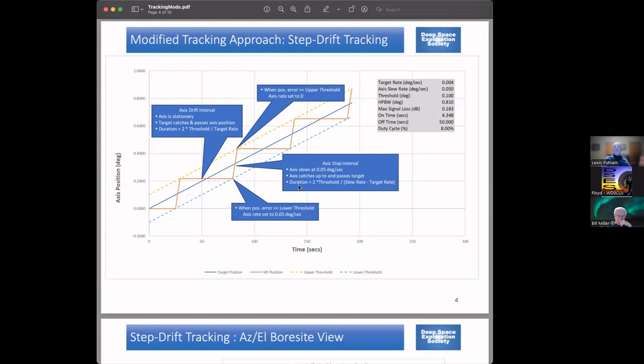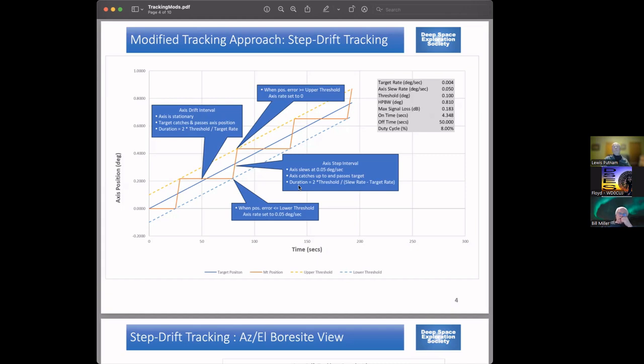In this track, the max signal loss for this one axis would be 0.183. The duration of the step time is 4.3 seconds, and the duration of the drift is 50 seconds. So the overall cycle time is about 54 seconds for this one.